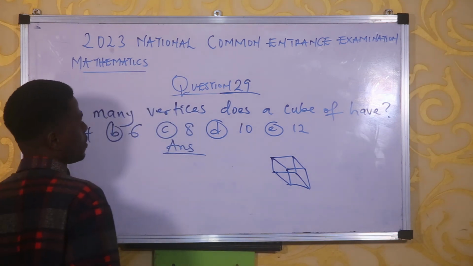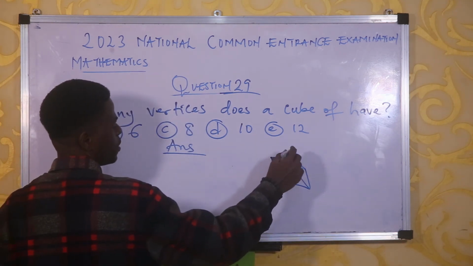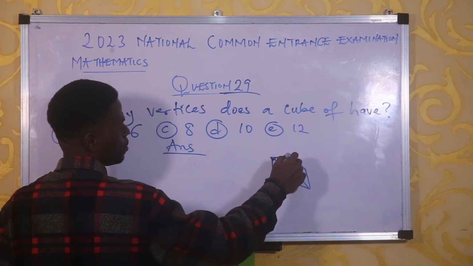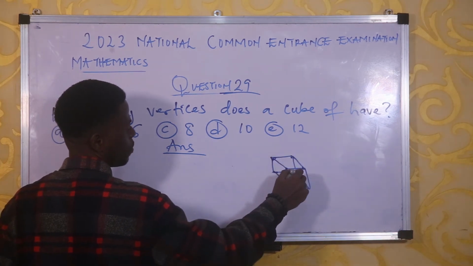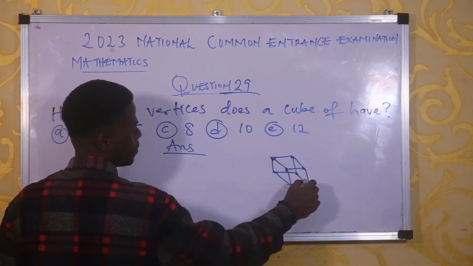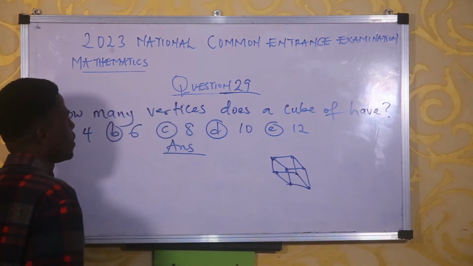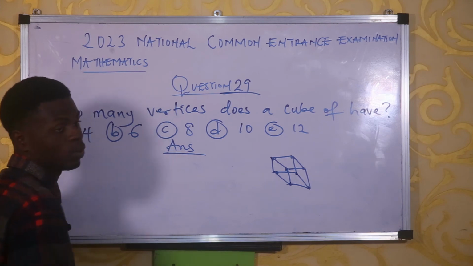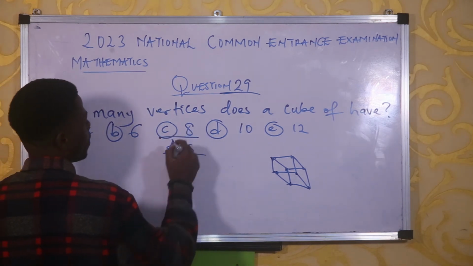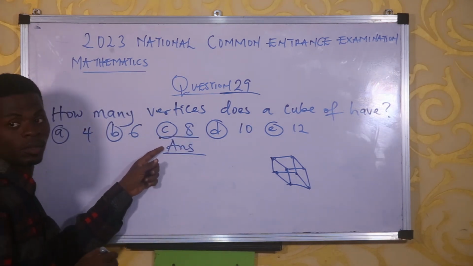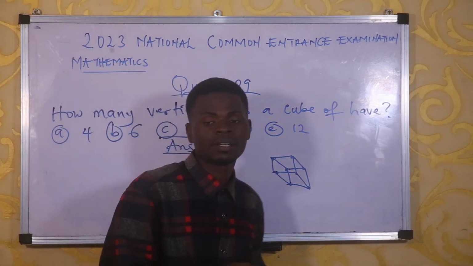Alright, so let's check the vertices. 1, 2, 3, 4, 5, 6, 7, 8. So definitely the cube has 8 vertices. So our answer is option C.